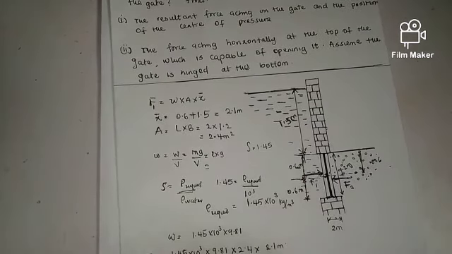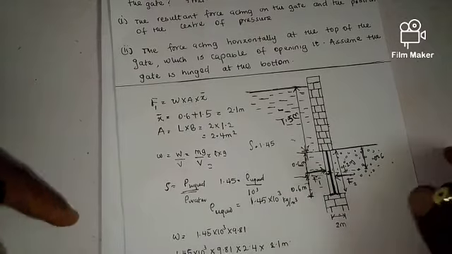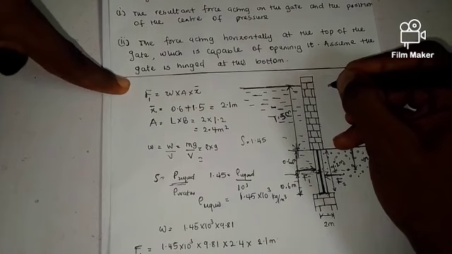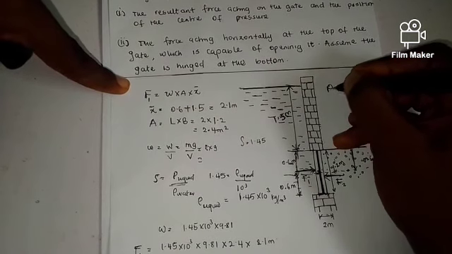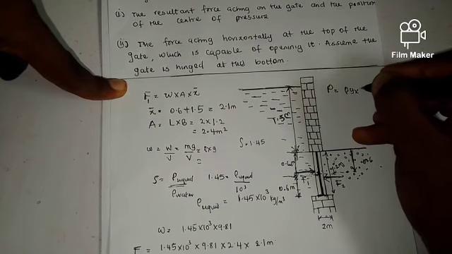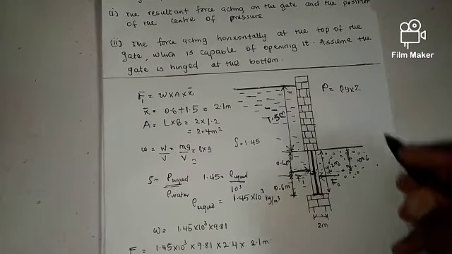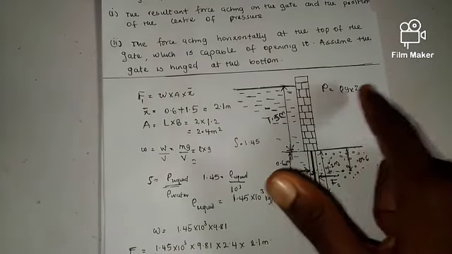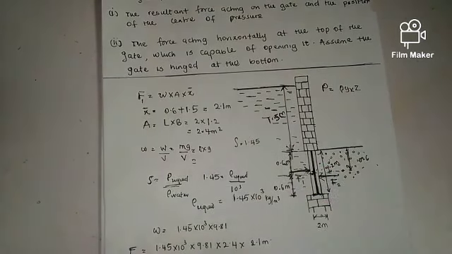Now, let me repeat myself. I said hydrostatic law states that pressure increases with depth, right? If you can remember this formula, it says pressure is equal to density times g times the depth, right? So this is hydrostatic law, which is density times gravity times the depth of the medium in the liquid.